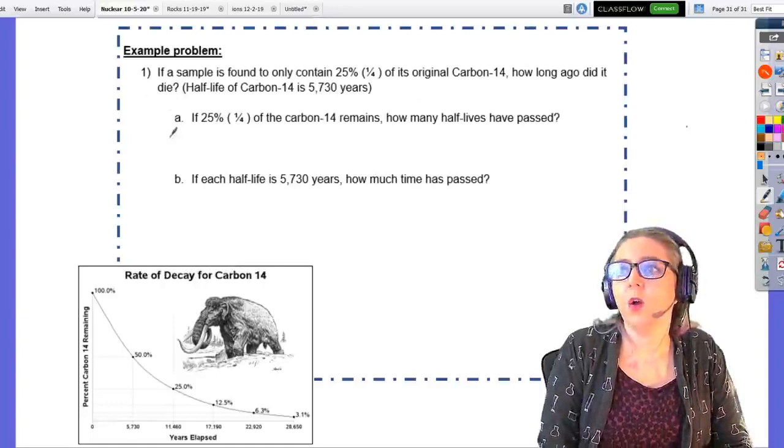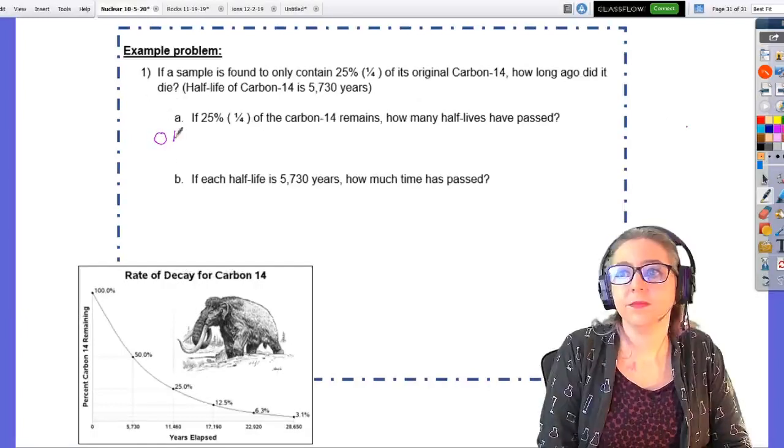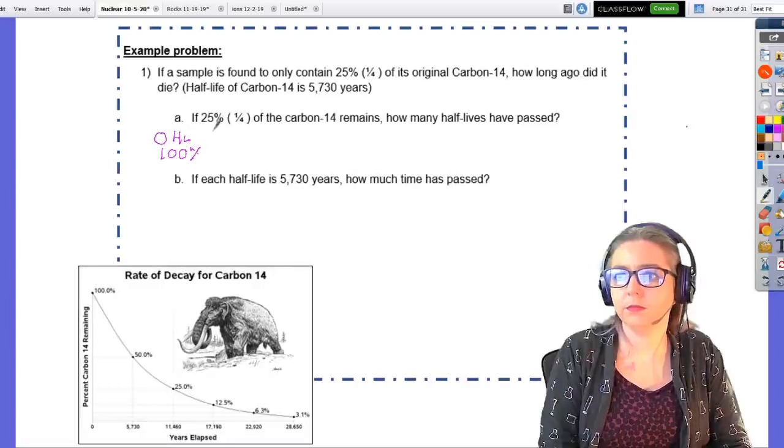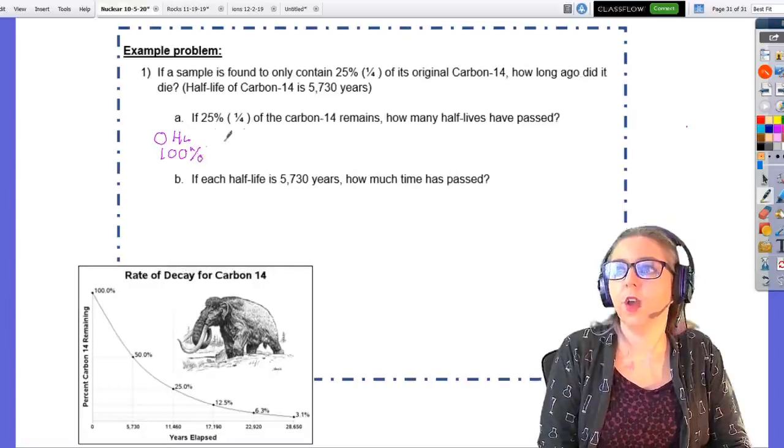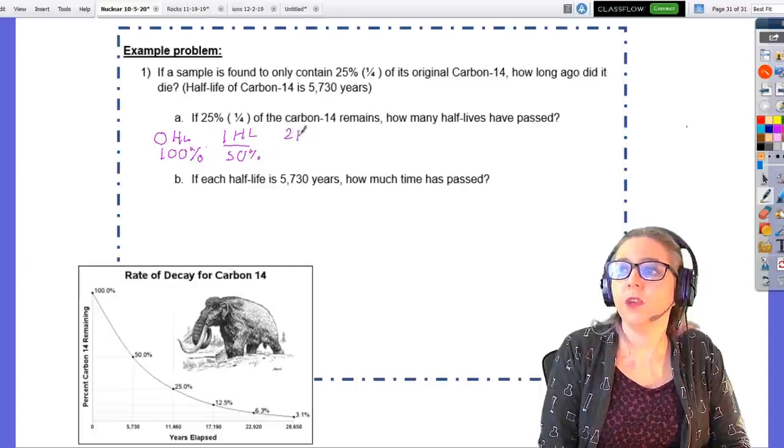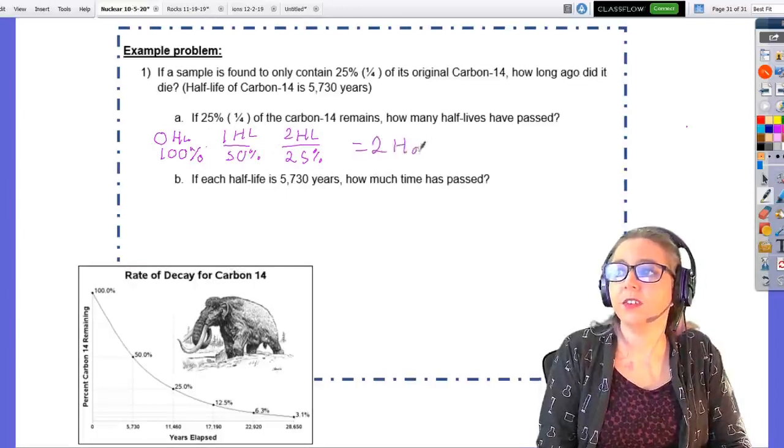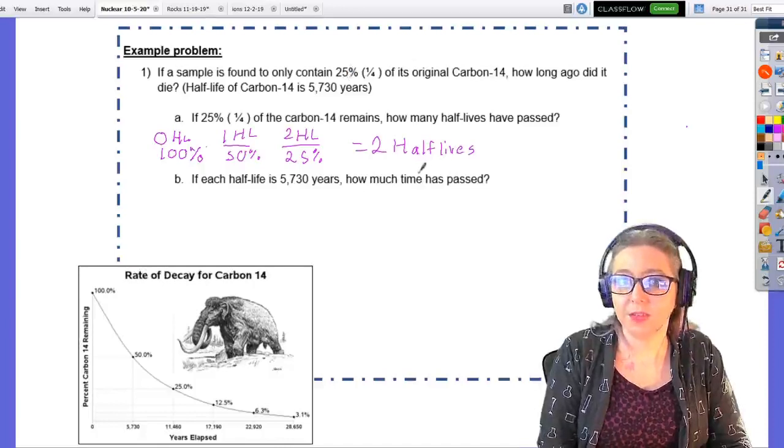So 0 half-lives gives me 100%. 1 half-life brings me down to 50%. 2 half-lives brings me to 25%. So 2 half-lives have passed if I only have 25% of my original sample.